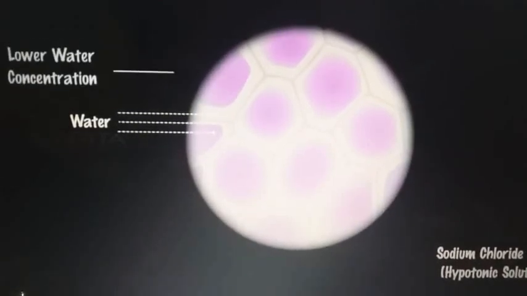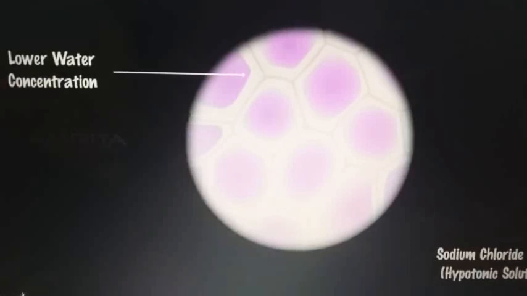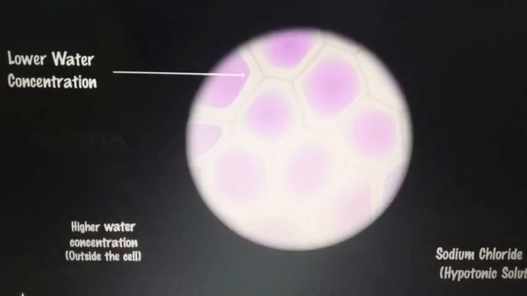Now, on the other hand, in the other slide, when a plant cell is immersed in 0.1% sodium chloride solution, water moves into the cell because of the higher concentration of water outside the cell. So, cells will swell up and become turgid.